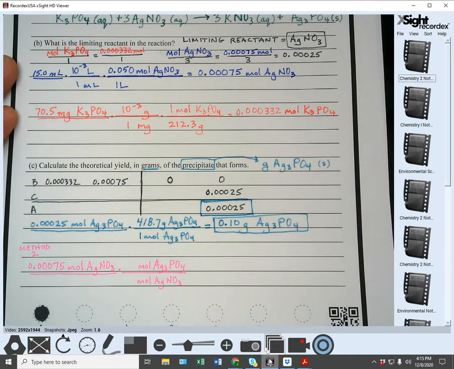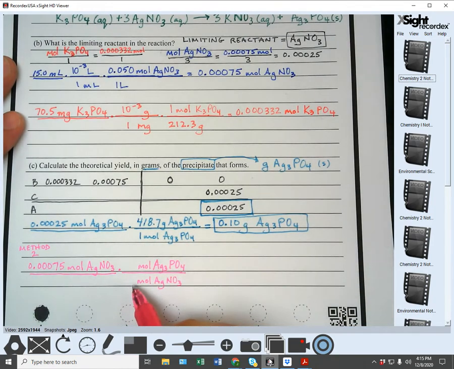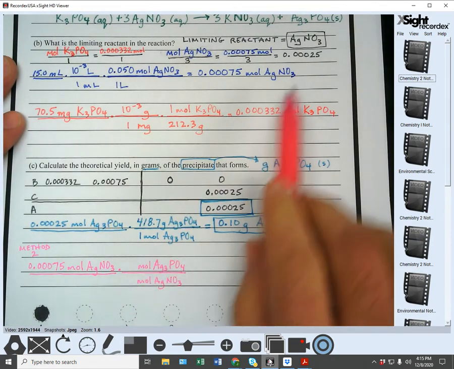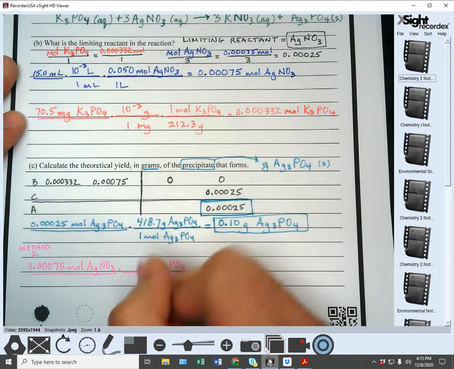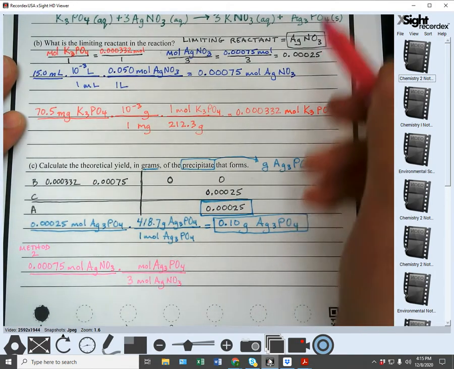These numbers come from the coefficients. In front of AgNO3, we have a 3. In front of Ag3PO4, there's nothing, so it's a 1.